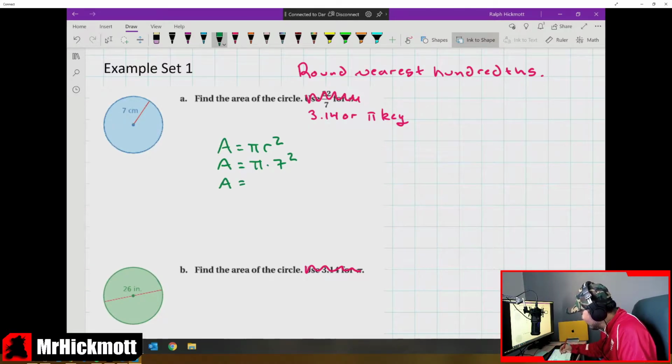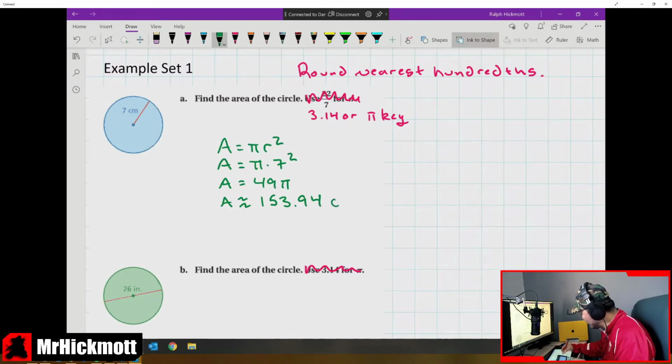Finishing it off, it becomes A equals, I'm going to do the next step in my head, 7 squared is 7 times 7, that's 49. It's 49 pi. Now at this point, handy dandy calculator. I'm going to go 49 using the pi key. It comes out to be 153.938 blah blah blah. So it is going to be approximately 153.94 because I rounded up, since it was 938.